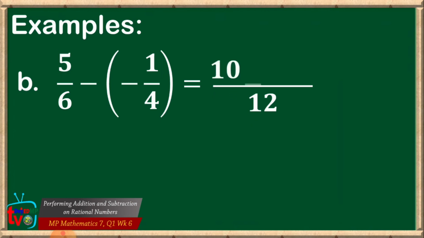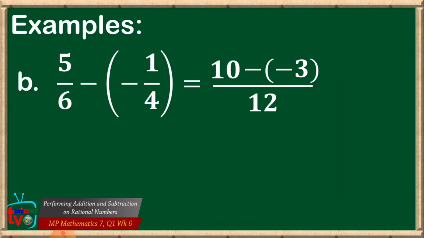Copy, minus. Divide also 12 with 4. Quotient will be 3. Multiply it with the numerator negative 1. We'll get a product of negative 3. Recall now the rules in subtracting signed similar fractions. What is the first step to do again?